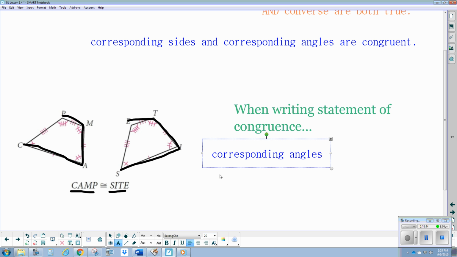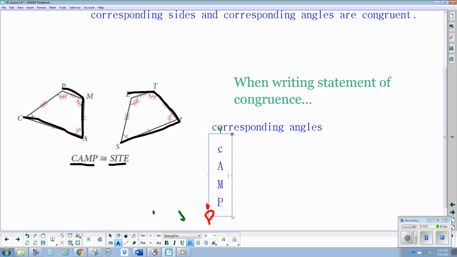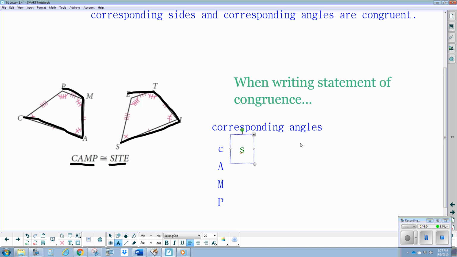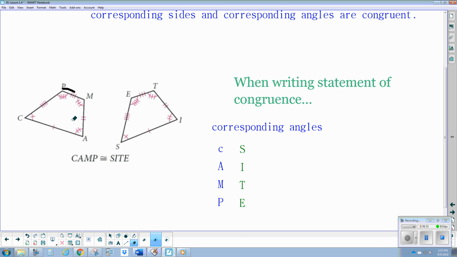Corresponding angles, we're going to look at the four angles in the first polygon, C, A, M, and P. Those four angles correspond to the same order of the vertices in the second polygon, S to I to T to E. So angle C corresponds to angle S. Now, in order for these polygons to be congruent, the angles all have to be congruent.